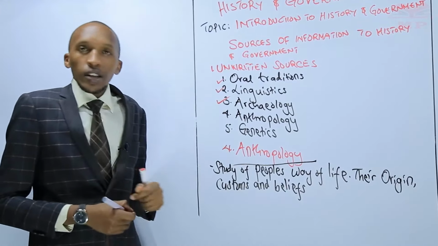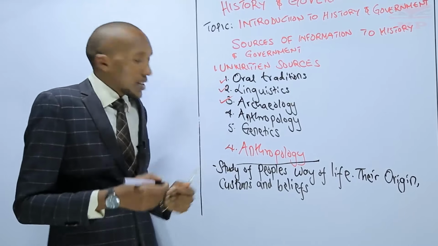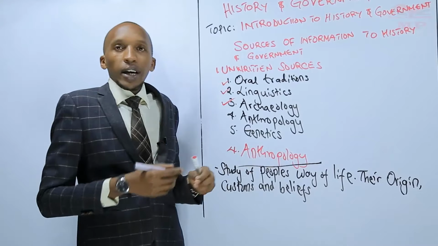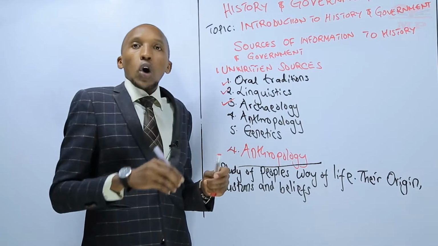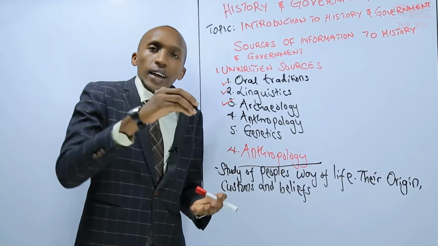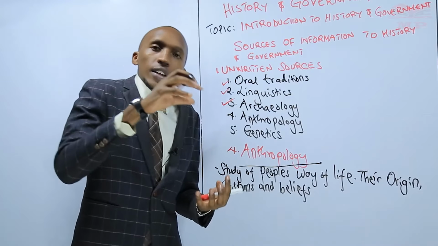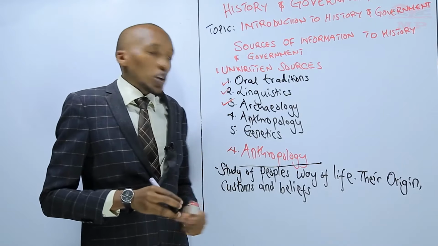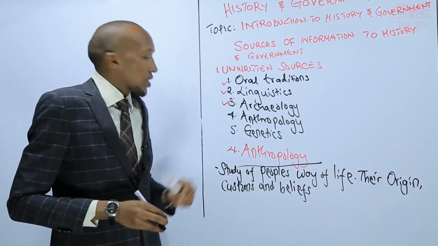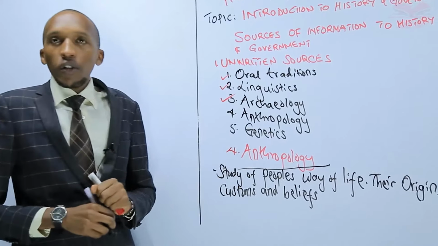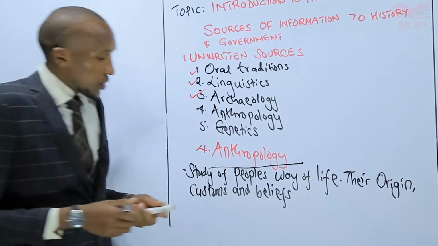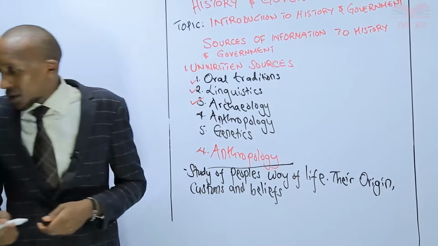What do you think are the advantages of information you might get by a scientist living or interacting with the society, or with the person from whom he wants to get information? What are the advantages of using such a source?